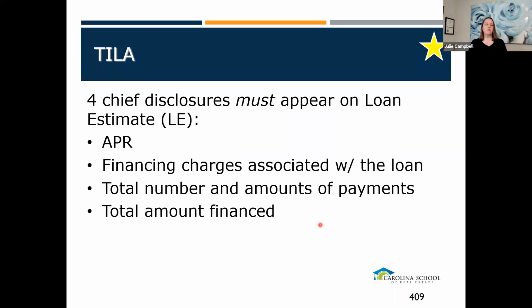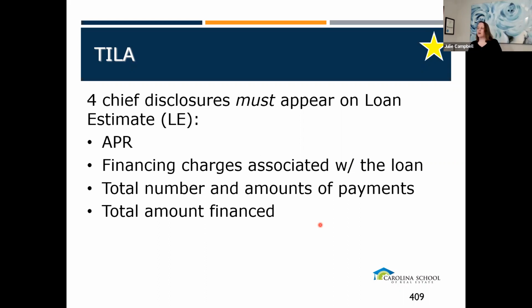And I promise we would all walk away with different terms, because we all have a different credit score. We all have a different credit history. And what TILA says is if you're going to advertise the specifics of the loan, then you need to make this a one size fits all. Everybody gets these loan terms.